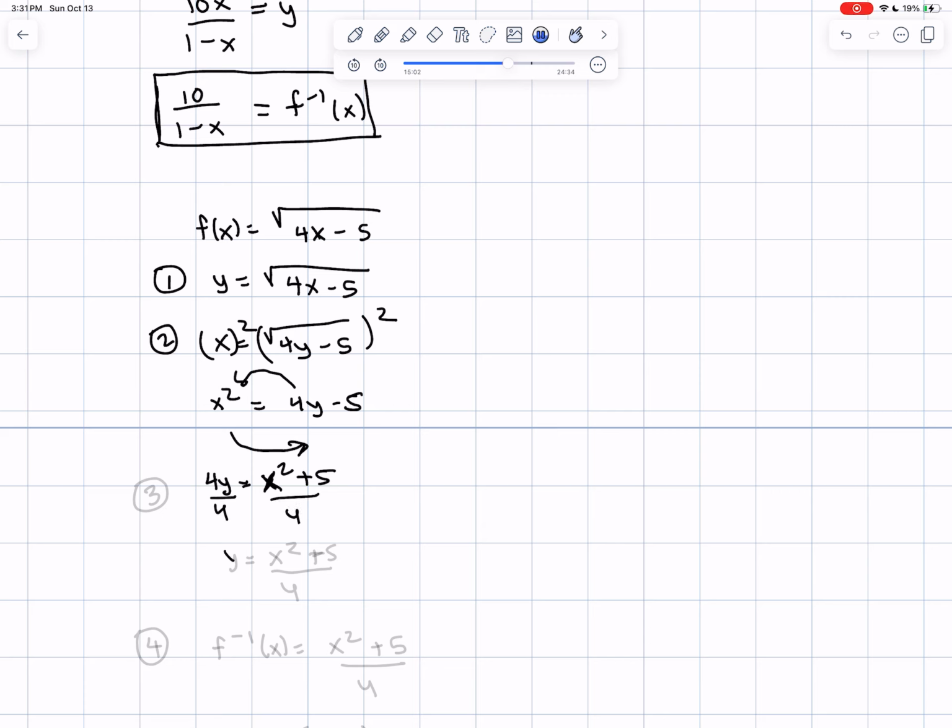And then we get y equals x squared plus 5 over 4. So that means the last step, so this was 3. The last step is to exchange y with f to the minus 1 of x equals x squared plus 5 over 4.